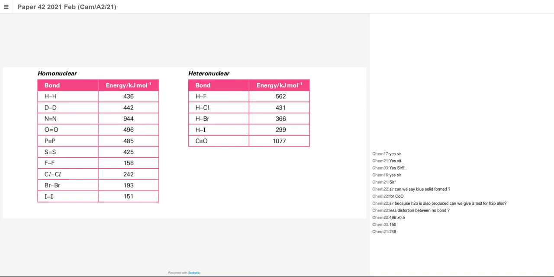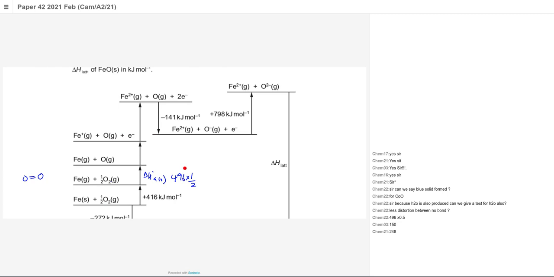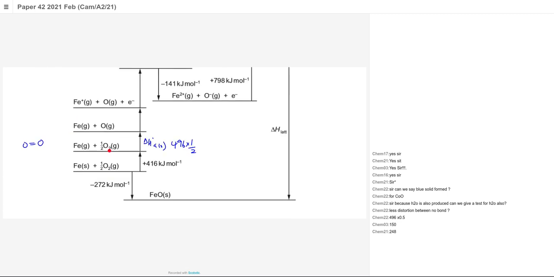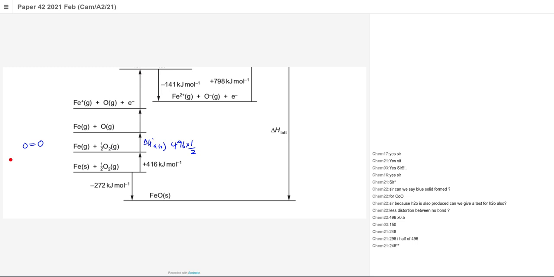Please give me the correct values in future. So that is half of it, because we are breaking half a mole. That value 496 is for 1 mole. So you're breaking half a mole, 496 into half. So 248. Fine. I'm going to write half here because it's easier for you to understand. This is 496 into half.